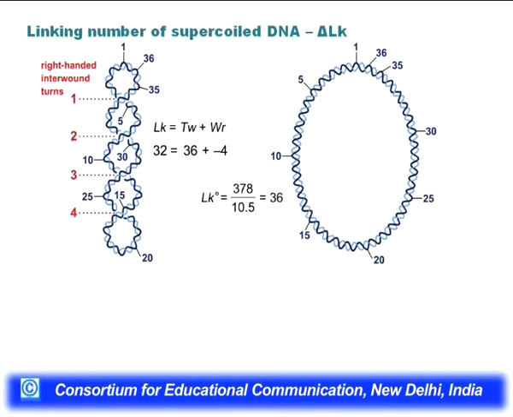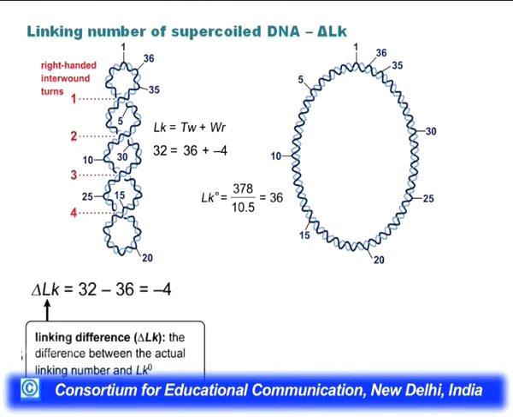So, for a relaxed DNA, the linking number was 36. But when you interwind it around its own axis, the linking number comes to be 32, because the other component, writhe, comes into play.